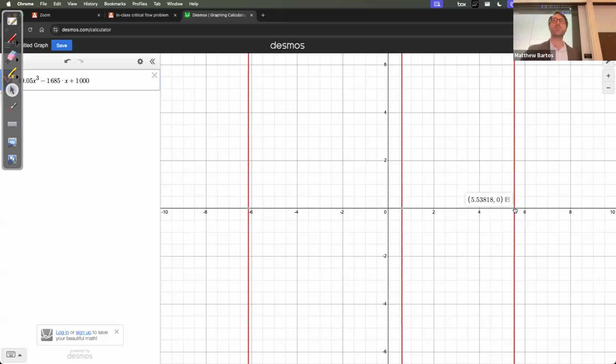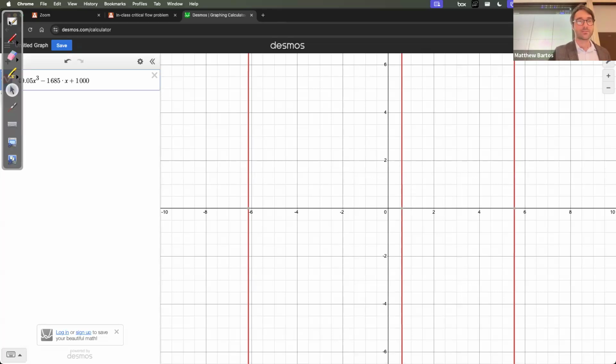5.54. How do we know that? Very good. So the larger root corresponds to subcritical flow. The smaller root corresponds to supercritical flow. And you'll note here that this root is exactly the same as H1, so this is just the supercritical depth.